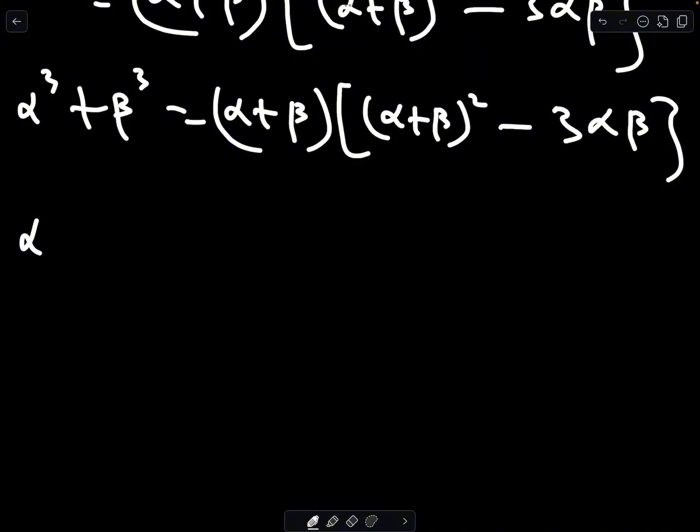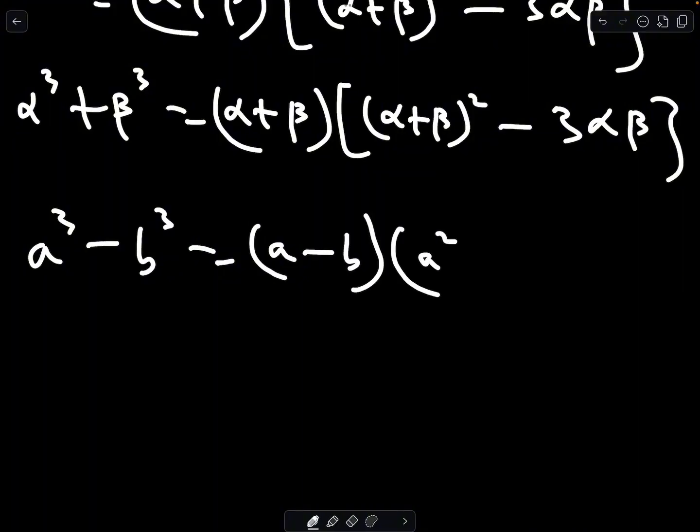Now let's check alpha cube minus beta cube. A cube minus b cube is the same as a minus b times a square plus ab plus b square.